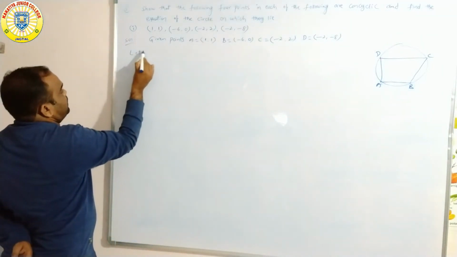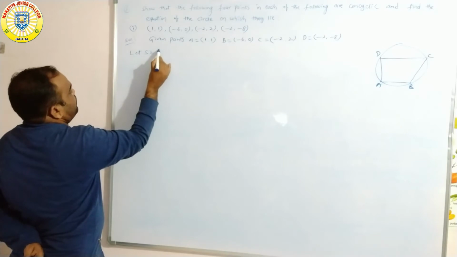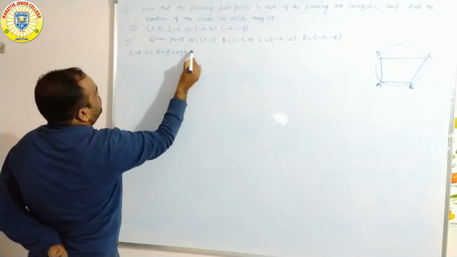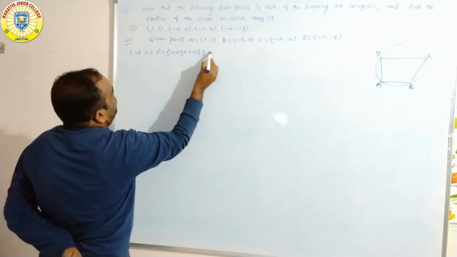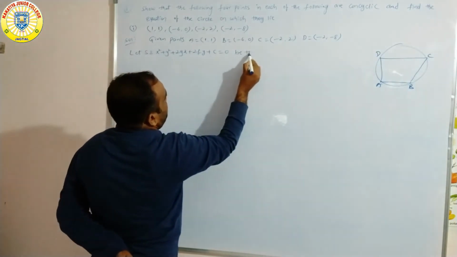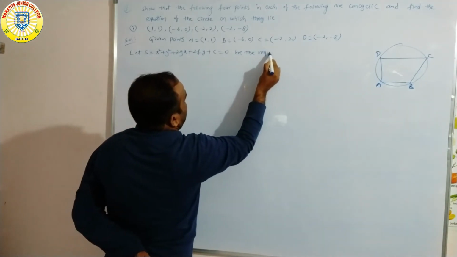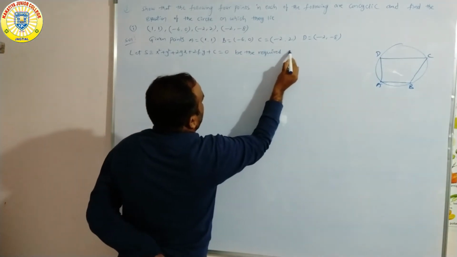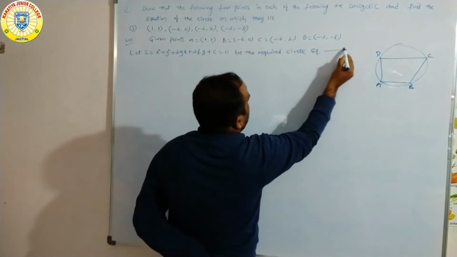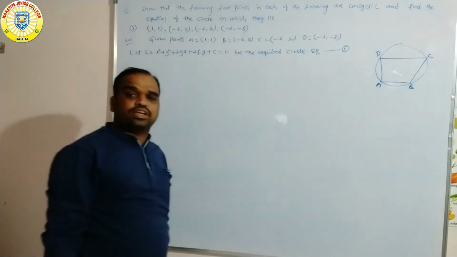Let S is equal to x square plus y square plus 2gx plus 2fy plus c is equal to 0 be the required circle equation. This is equation 1.